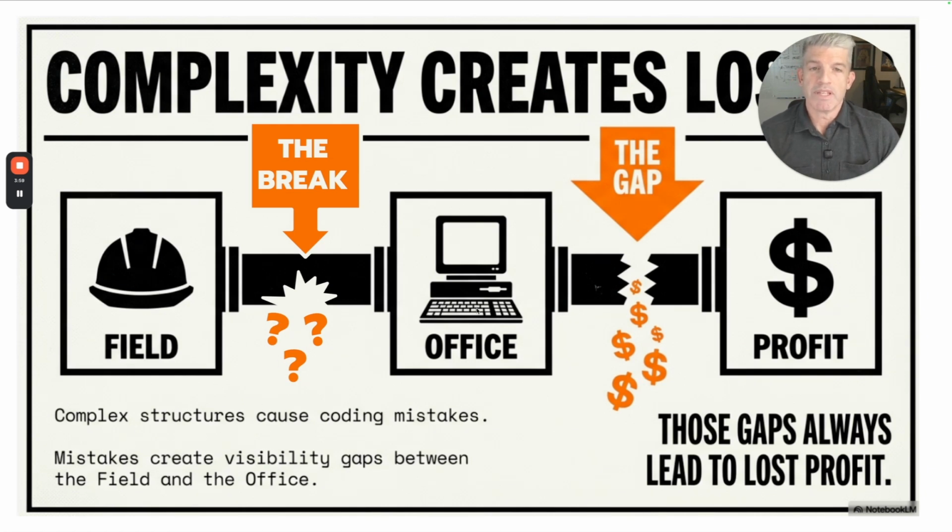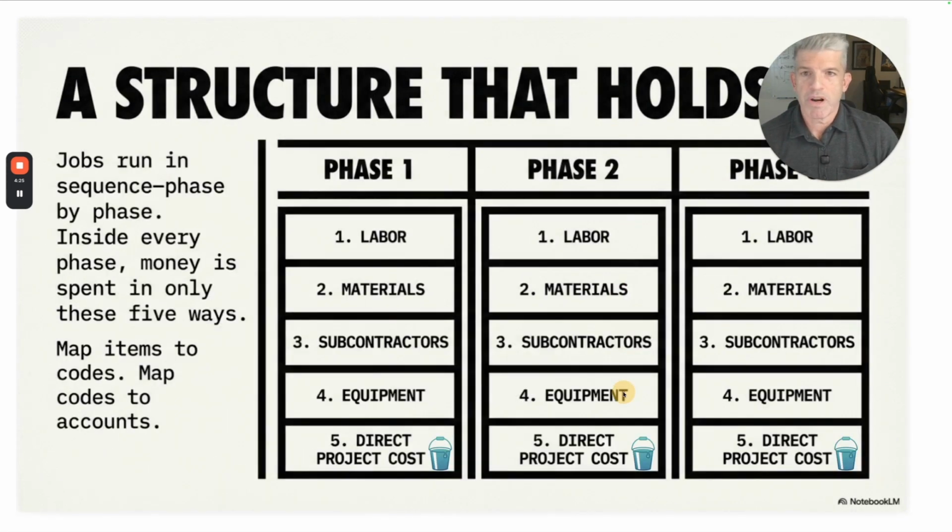And from the office side to your financial statements, if we don't capture every dollar related to a project, then there's going to be gaps in your margins and your profits. And then you're going to be left wondering, where did all the costs go? So complex structures cause coding mistakes. No coding obviously is going to create mistakes, and mistakes create visibility gaps between the field and the office. And those gaps always lead to lost profits.